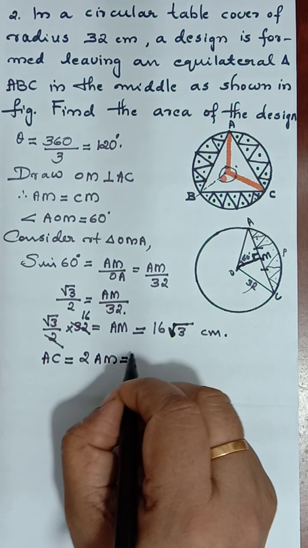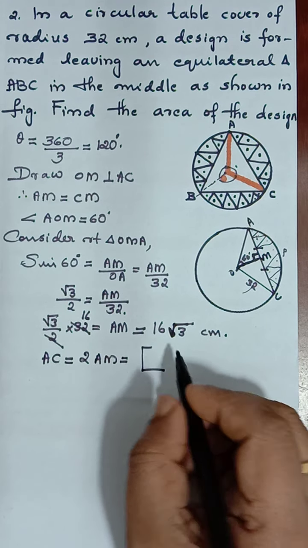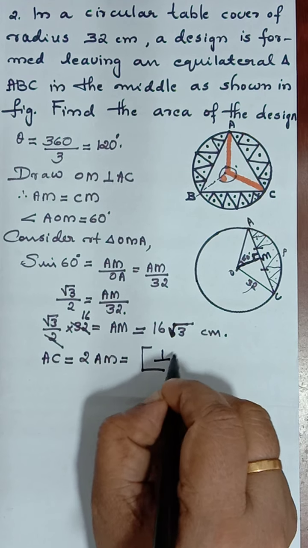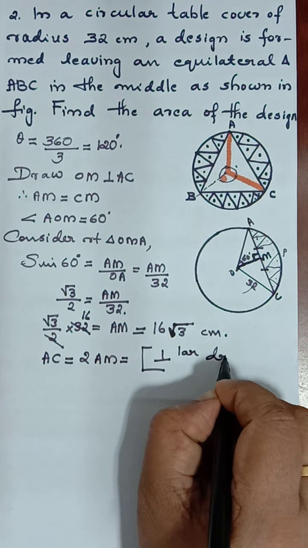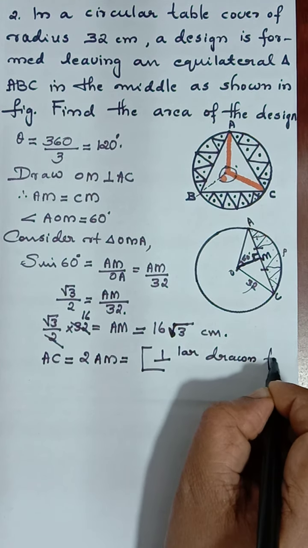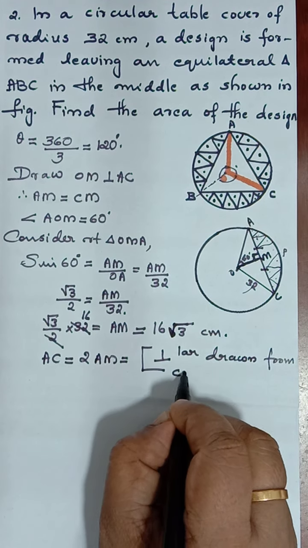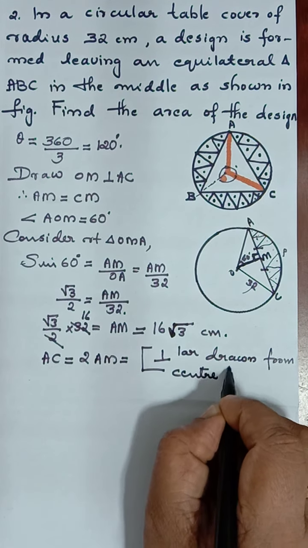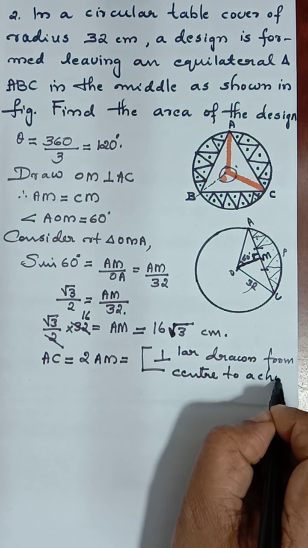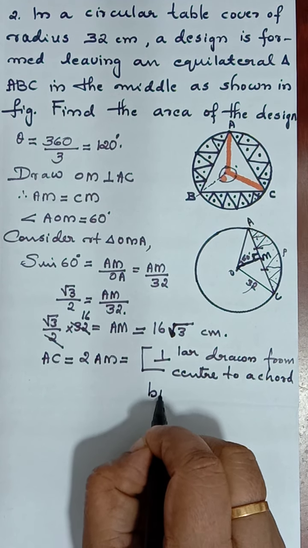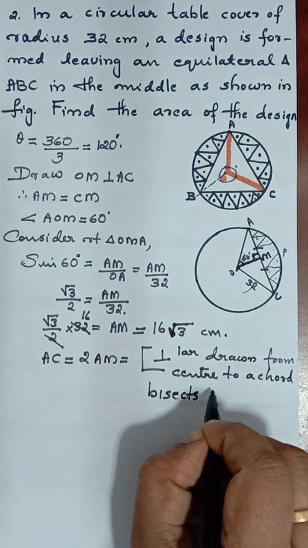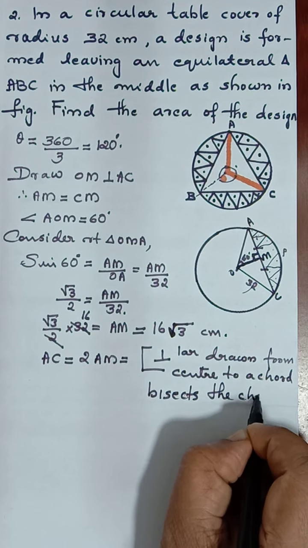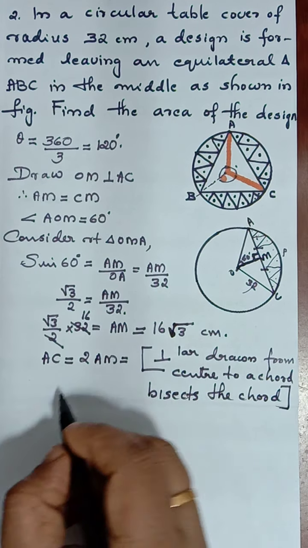So here you can write the reason: perpendicular drawn from center to a chord bisects the chord. So that is the reason you have to mention.